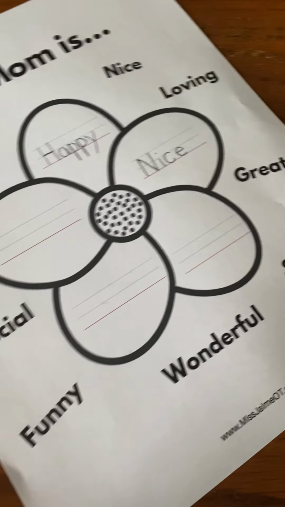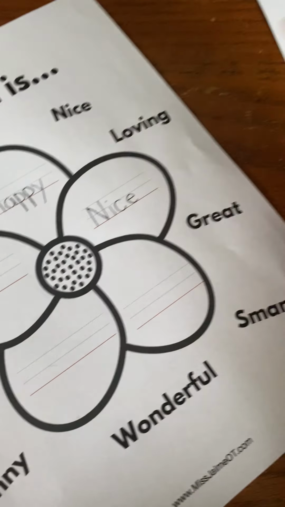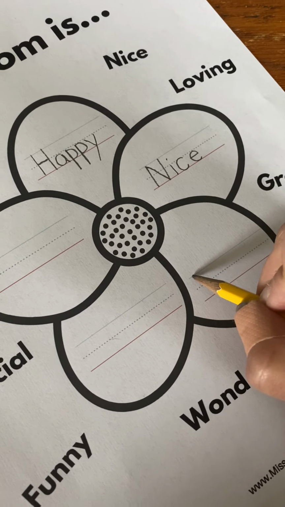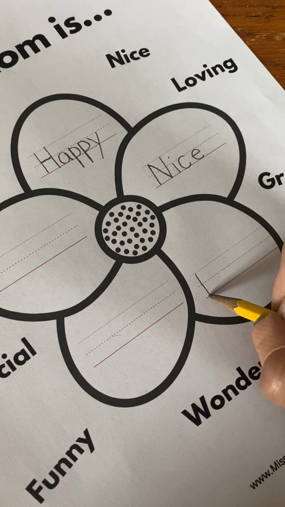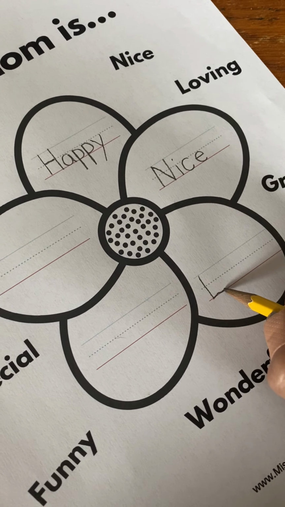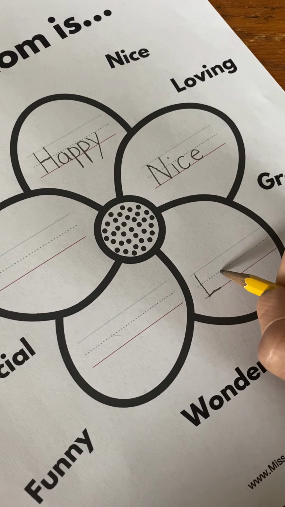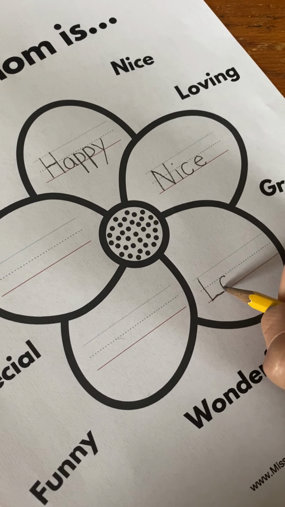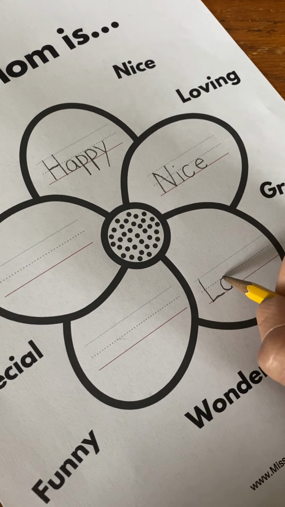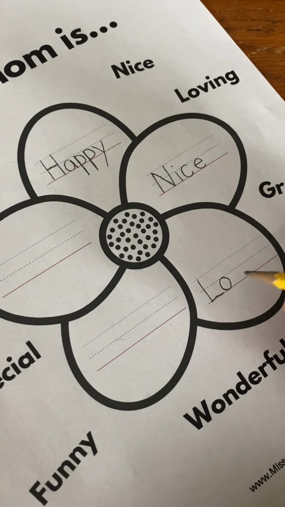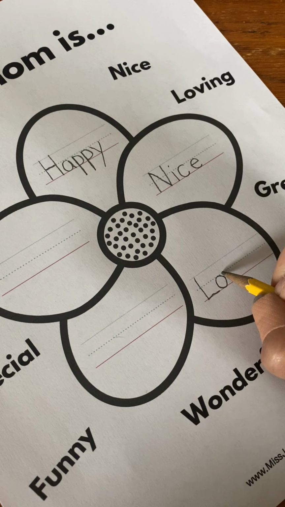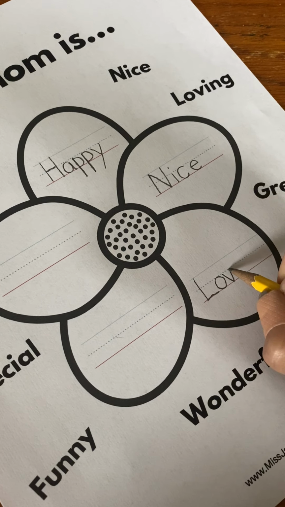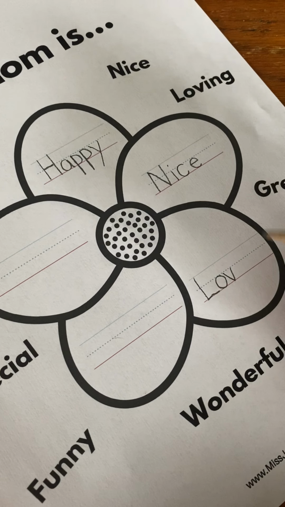The next one I'm going to say is loving. My mom is loving. Uppercase L starts at the top, big line down and a little line across. Come up to the midline to start the O, and it starts like a C and come all the way around and make an O. V starts at the midline, a little line on a diagonal, and a little line up.